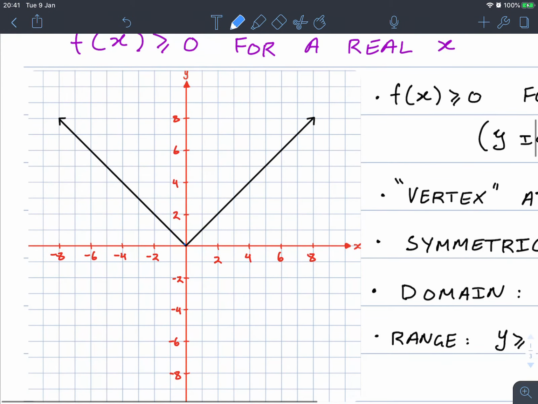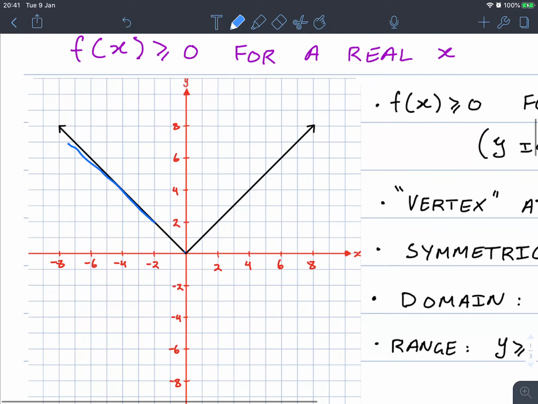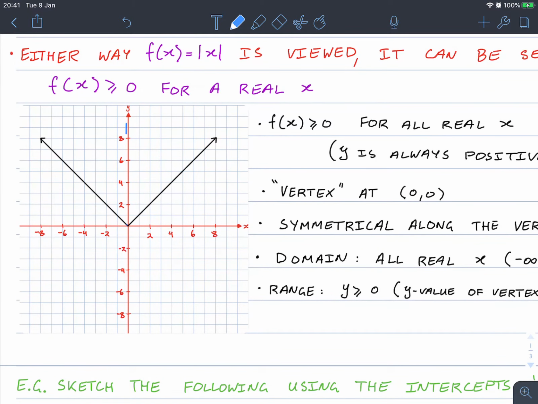As a result, this is what the graph looks like. If we had 2, it becomes 2. If we had f of negative 2, that becomes positive 2. As a result, it becomes this sharp turn, and it is symmetrical about the y-axis.